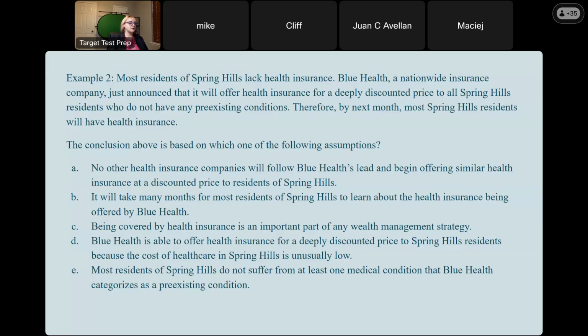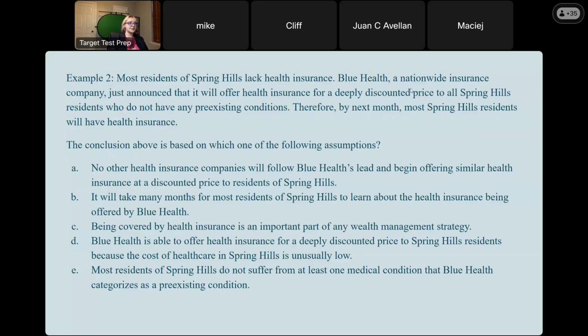So you can't argue with a premise. This is a classic GMAT trap answer because it's trying to explain this premise, that they have the deeply discounted price. But we don't care why that's happening. That doesn't matter to us. We already know what's happening. So we can just move on.